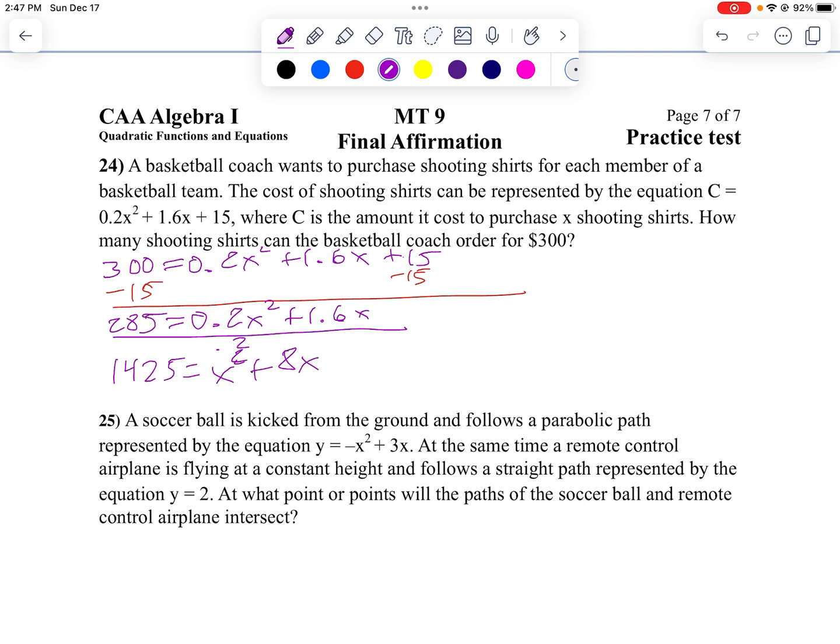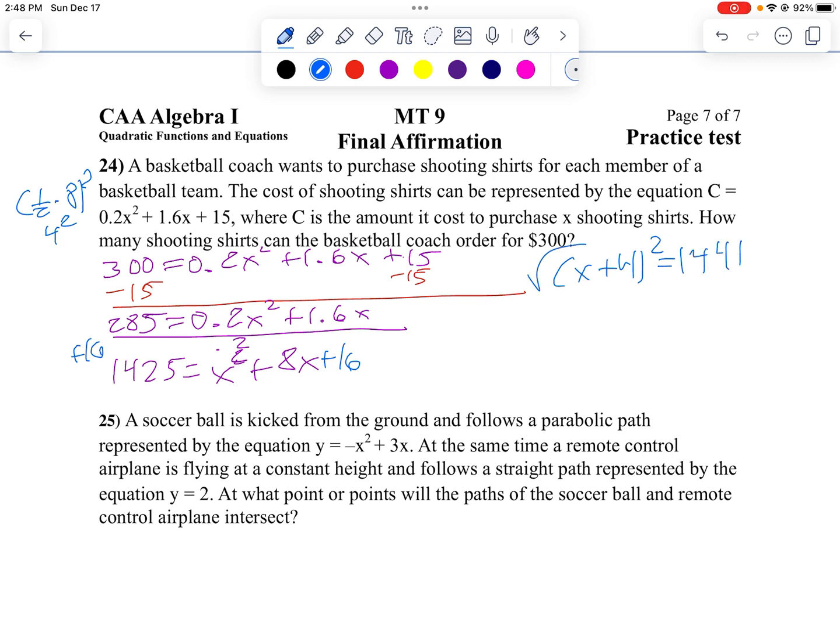So now we can add half of 8 squared to both sides. 4 squared is 16, so we're going to add 16 to both sides. 1425 plus 16 gives us 1441. And on the left side, we'll go x plus 4 squared equals 1441.